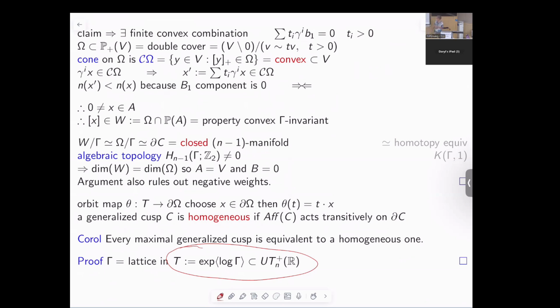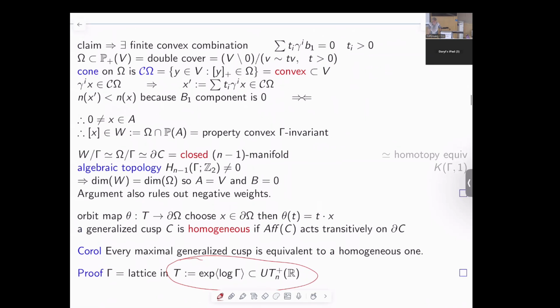A homogeneous generalized cusp is a cusp for which there is a transitive action of projective transformations on the boundary of the domain. So it reduces the problem of figuring out what the possibilities for generalized cusps are to thinking about domains where you have a transitive group acting on the boundary of the domain.